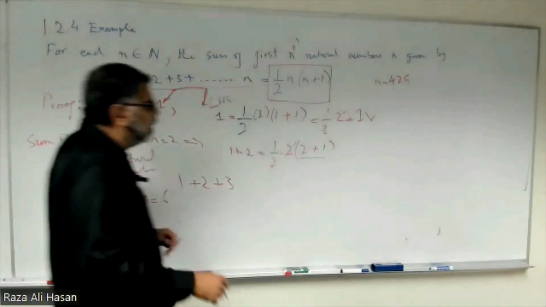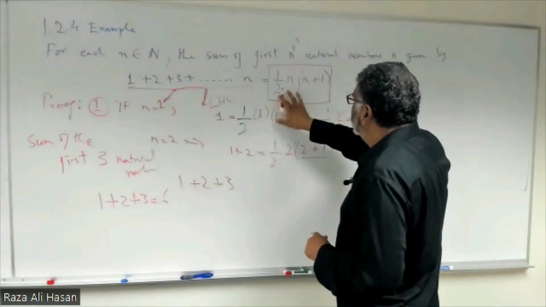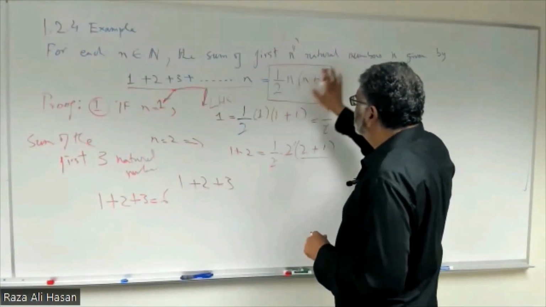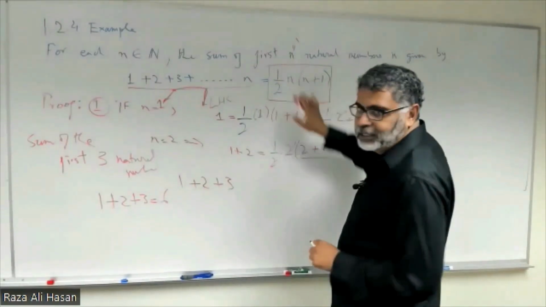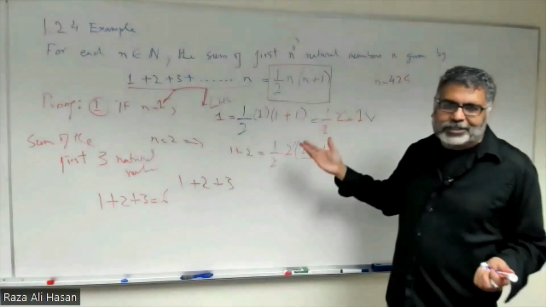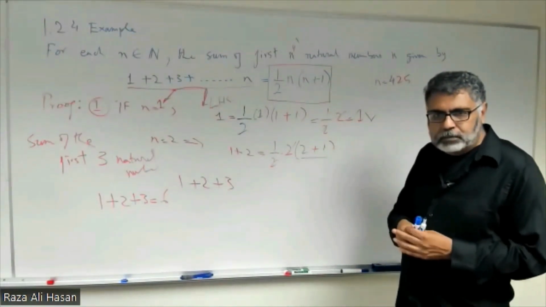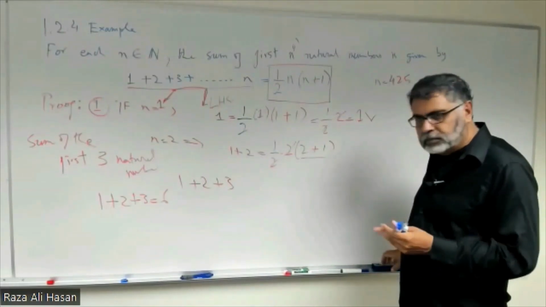And if we stick 3 here, this is going to be 4, and 4 divided by 2 is 2, 2 times 3 is 6. So we already know this formula works because it's historically famous. It's the same thing on either side.